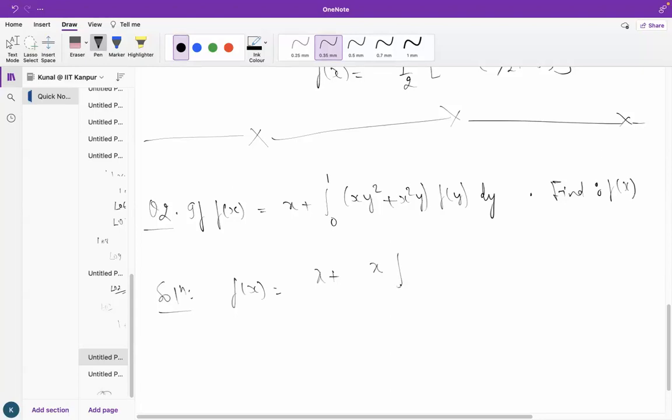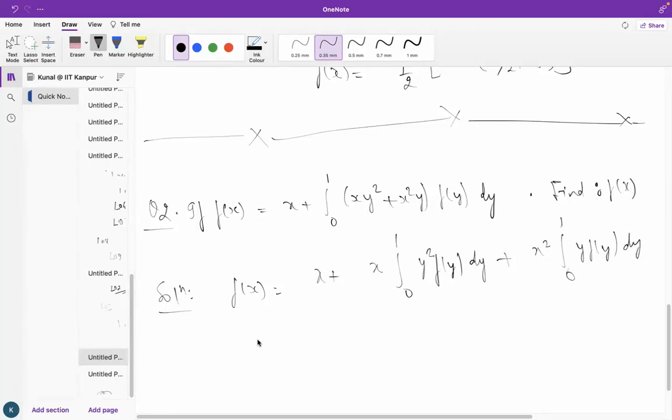We take x common, so we get the integral from 0 to 1 of y square f of y dy. Let me write it here, multiplied by this also. So there will be y square f of y dy. And then plus, take x square outside.